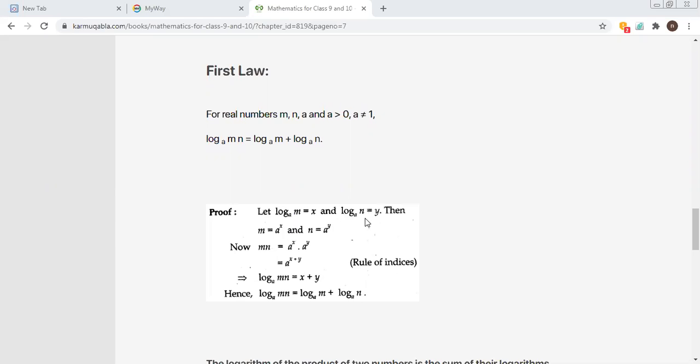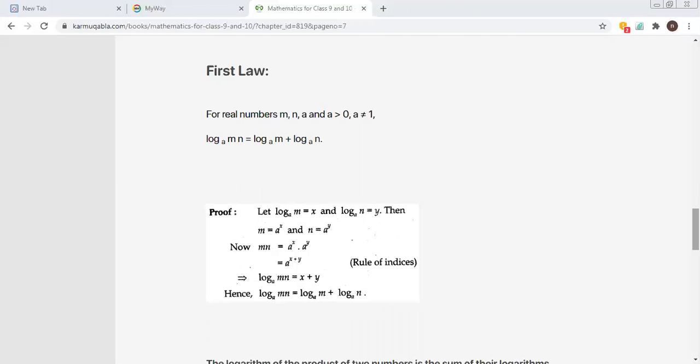This is logarithm form and this is exponent form. So here m and n are multiplying, so on the right hand side it is multiplying, and the left hand side is also in multiplying form. So the basis is the same, powers add, it becomes the rules of indices and proof.